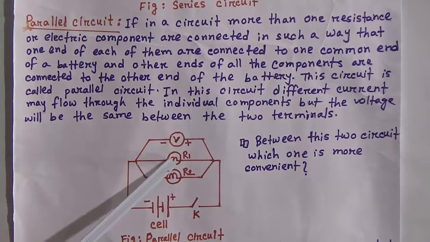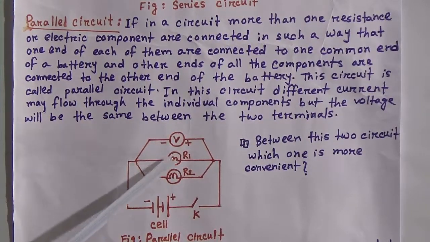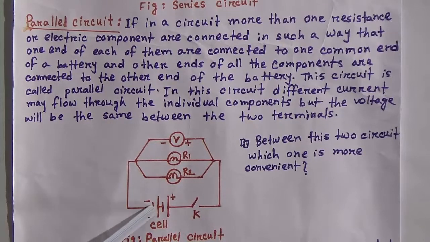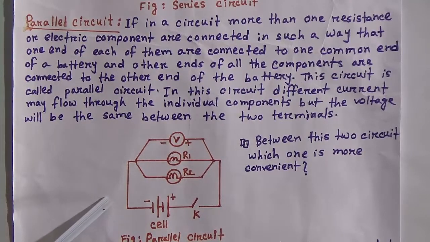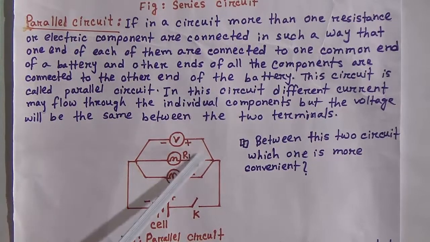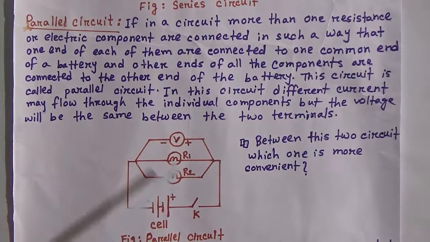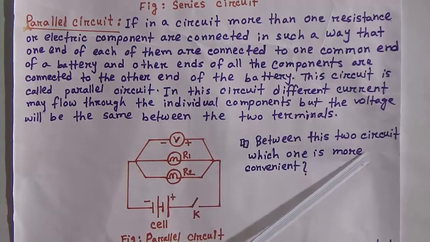In the parallel circuit, different currents may flow in the individual components, but the voltage will be the same between the two terminals. Now, from the above discussion, one question may arise: between these two circuits, which one is more convenient or advantageous?